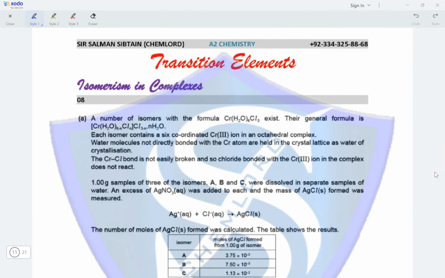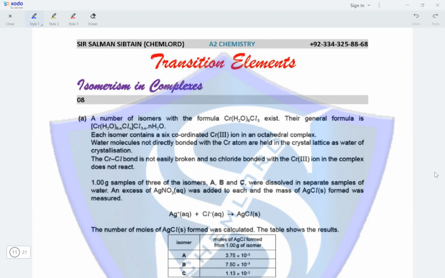The Cr-Cl bond is not easily broken, and so chlorides bonded with the Cr3+ ion in the complex do not react. 1 gram samples of 3 of the isomers A, B, and C were dissolved in separate samples of water. An excess of AgNO3 was added in each, and the masses of AgCl formed were measured.